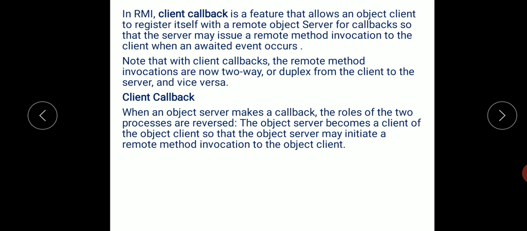So the server becomes the client and the client becomes the server. When an object server makes a callback, the roles of the two processes are reversed. The object server becomes a client of the object client so that the object server may initiate a remote method invocation to the object client.